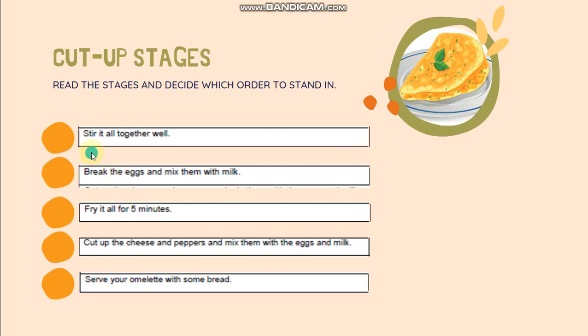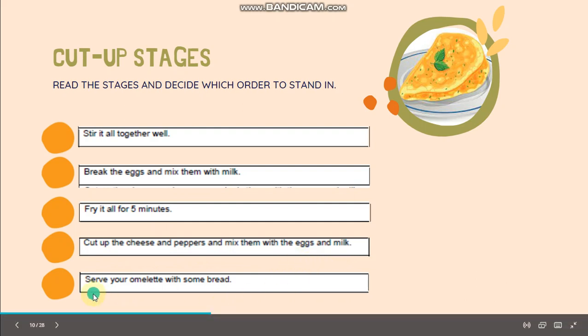The first one is stir it all together well. Break the eggs and mix them with milk. Fry it all for 5 minutes. Cut up the cheese and peppers and mix them with the eggs and milk. Serve your omelette with some bread.